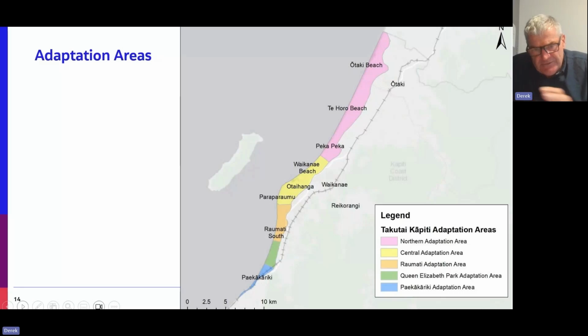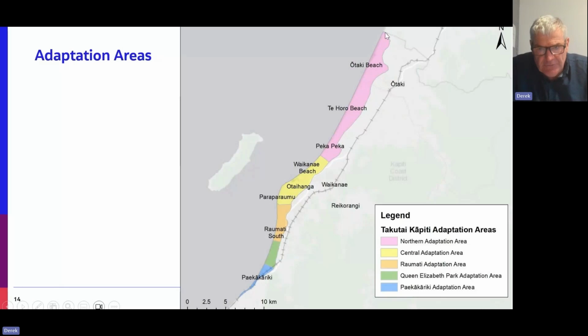So we've taken our results from those 8 different open coast areas, the 4 different inundation areas, and those river mouths, and we've looked at whether there were similarities between them, to put them into bigger units to consider the actions. And what we've come up with is 5 adaptation areas, as we can see here.